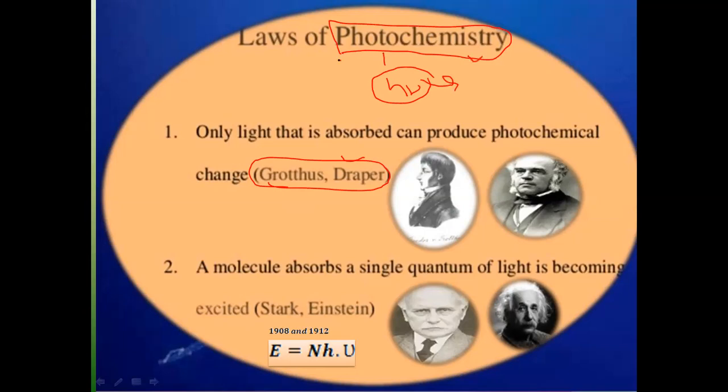Regarding this concept, the scientists Crotthers and Draper proposed a law that is known as the first law of photochemistry. And what is this law? Only light that is absorbed can produce photochemical change. After absorbing the light, it produces the reaction. This is the first law of photochemistry.